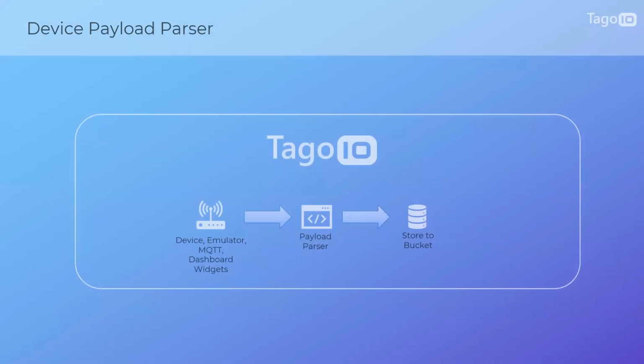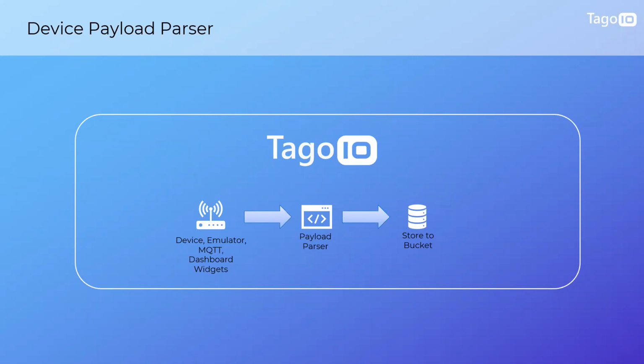Next, I'll be talking about the device payload parser. Here we have a slide showing how the structure works. First, your device will be communicating with Tago through MQTT or LoRaWAN providers, or just the emulator and dashboard widgets. Any data that goes to your device will go through the payload parser on your device or connector.